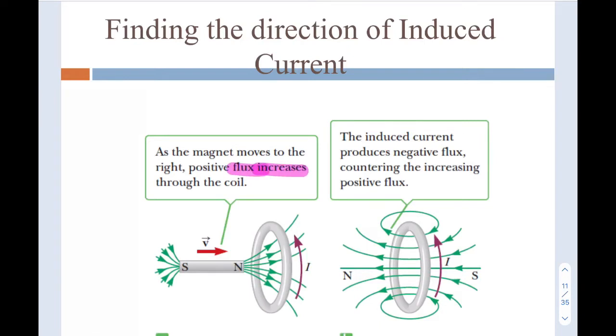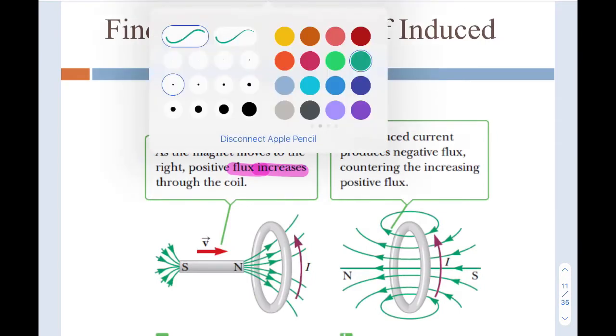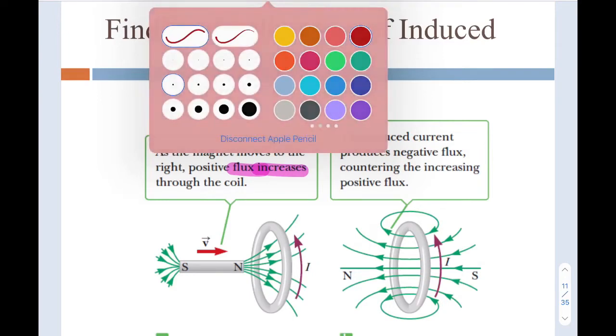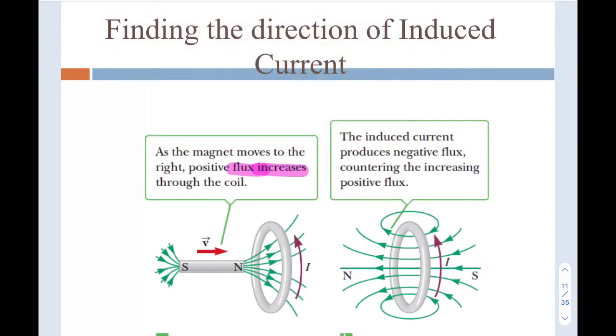So B induced will be in such a direction that it will oppose the change. So it's going to be in this direction, opposite. So this is B induced.